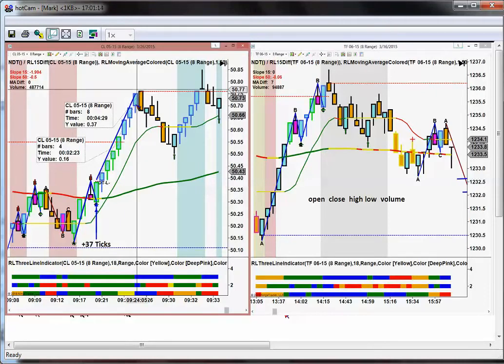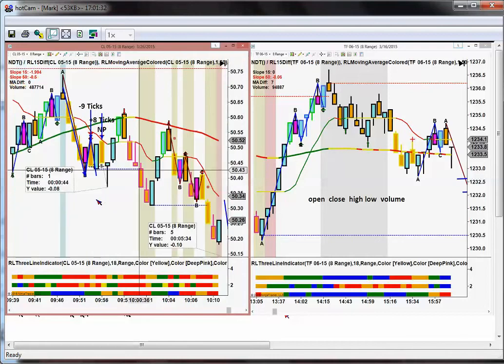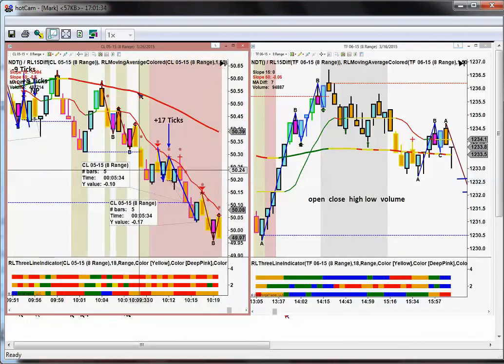I obviously don't know what to get out at the top, but we got a major piece of this 37-tick move. I didn't chase the trade on the first break, and this B does break the 50. I let it come back, and then I got the move up.